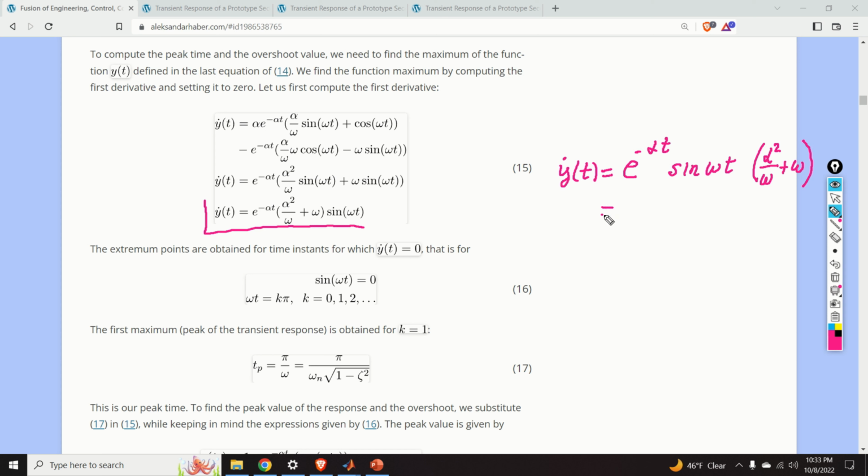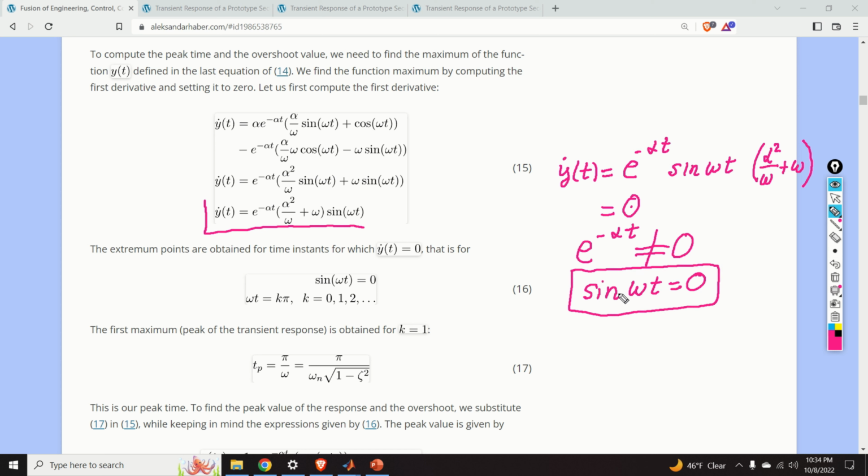Let us now discuss the conditions under which this function is equal to 0. E to the power minus alpha t cannot be equal to 0 for finite values of time. This is not possible. The constant cannot be equal to 0, so we have that sine omega t should be equal to 0. To repeat, the first derivative is equal to 0 if and only if sine of omega t is equal to 0.